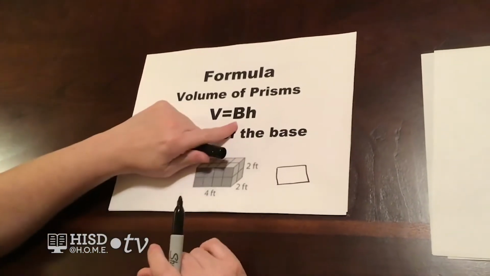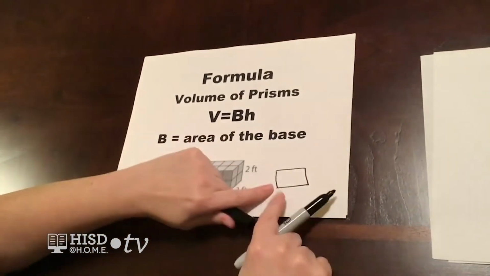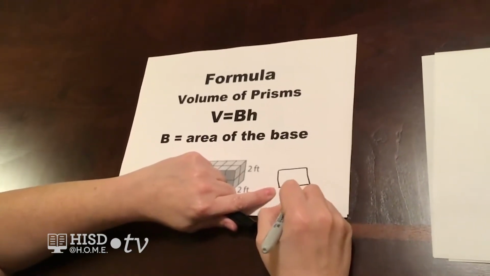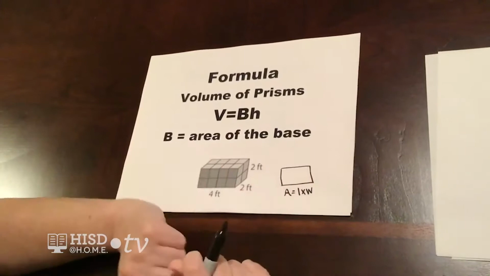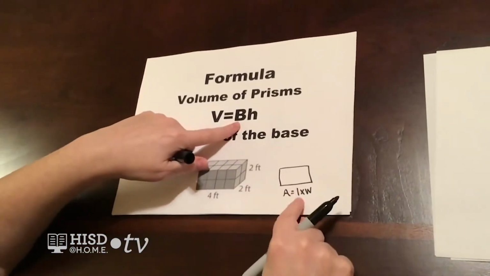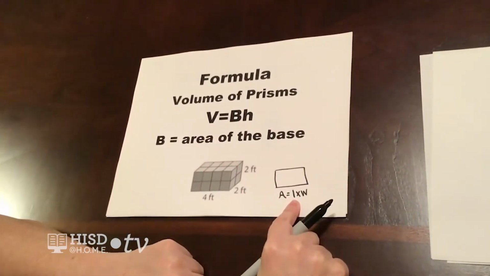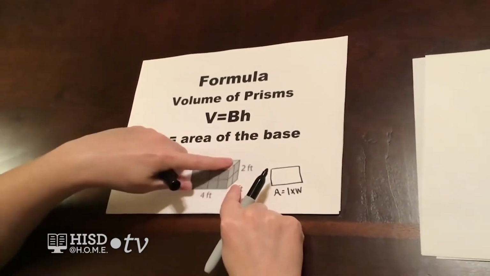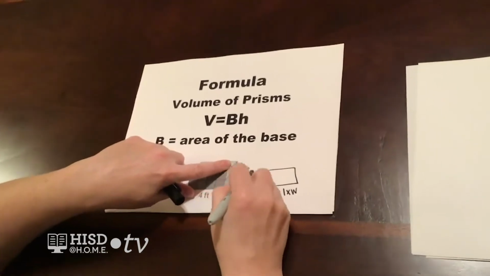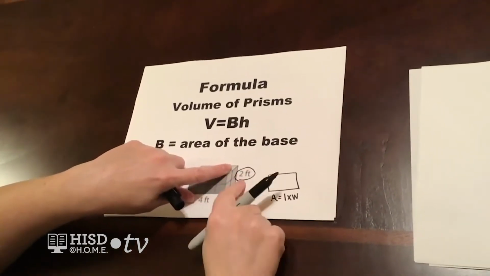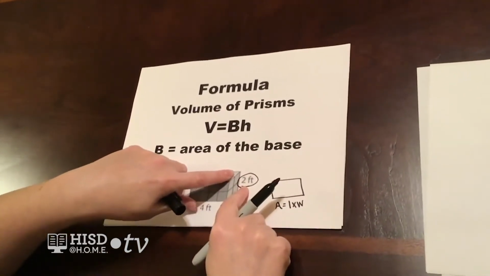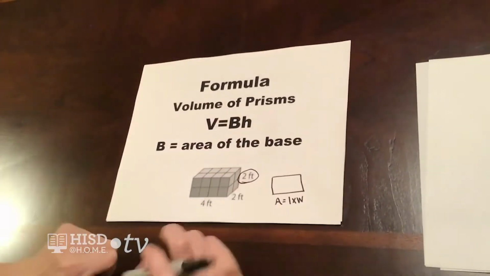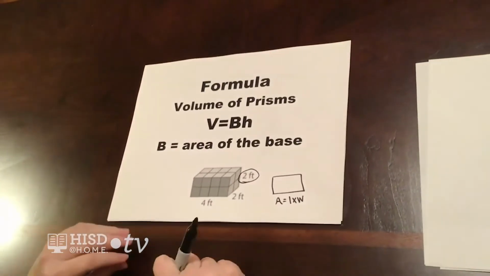So if I want to find capital B, I have to find the area of a rectangle, and area equals length times width. Then the height from the bottom of the prism all the way to the top is 2 feet, so you would put in a 2 for H. So this is our formula we're going to use as we explore prisms.